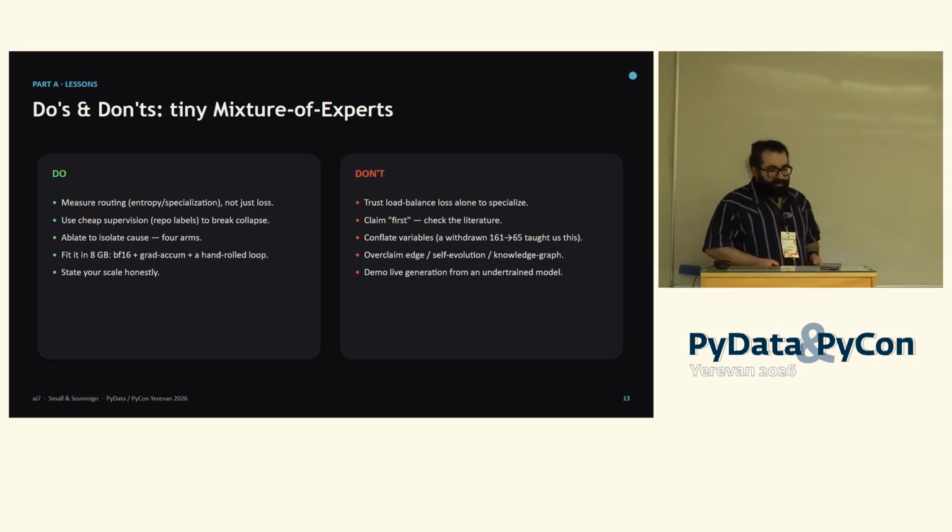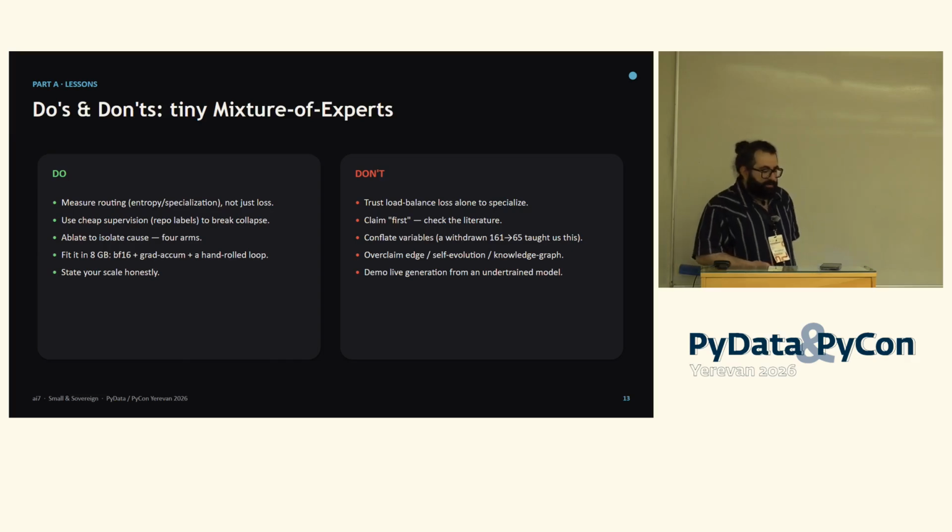What we learned from training this was measuring the routing with entropy and specialization, and not only the loss. We don't always need complex methodologies or complex solutions to debug or supervise what is going wrong.